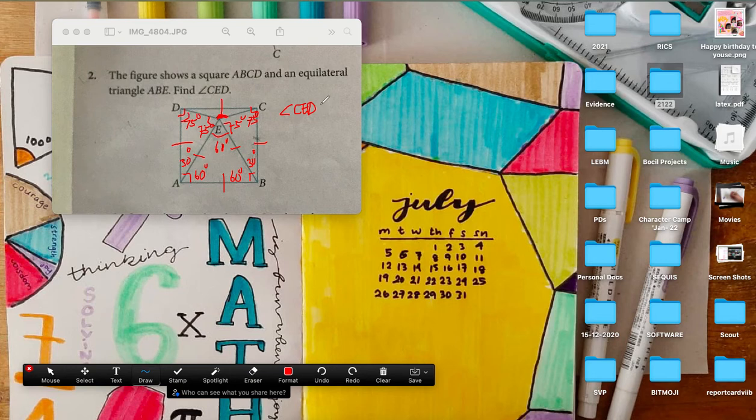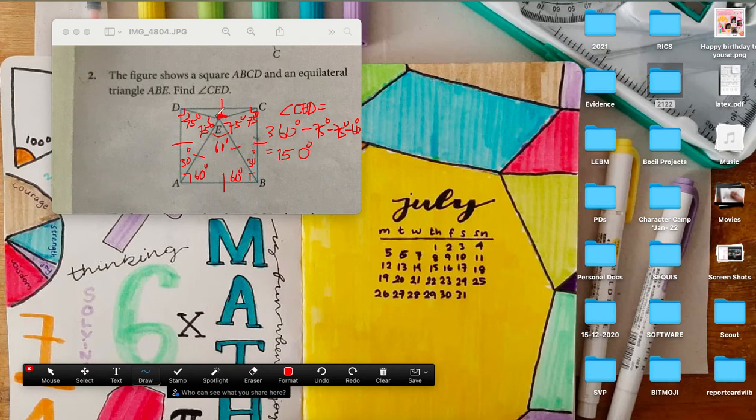So angle CED equals 360 degrees minus one part 75, the other part 75, and 60 degrees. So angle CED equals 360 minus 75 minus 75, so minus 150, and minus 60, so minus 210. So 360 minus 210 gives me 150 degrees.